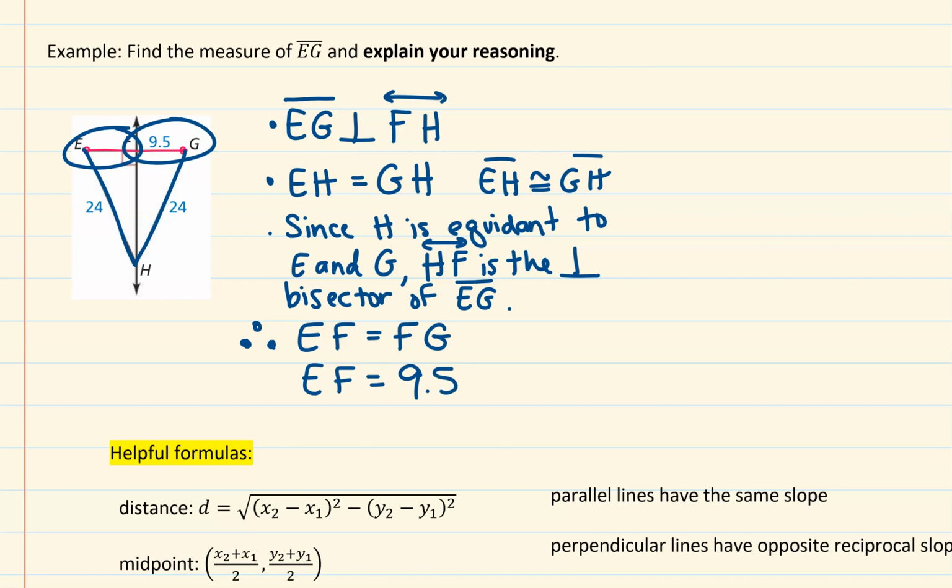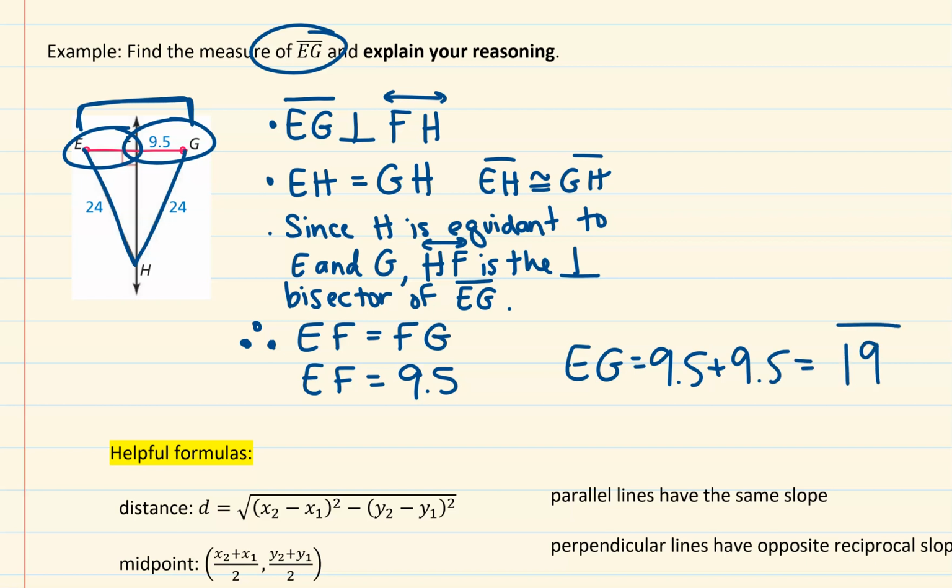You see how this kind of looks like substitution? I know that FG is 9.5, so I just put that 9.5 in place of it. But then for this one, they asked me EG. Well, that's that whole distance, and each one of them is 9.5. So EG is 9.5 plus another 9.5. So EG has a length of 19.